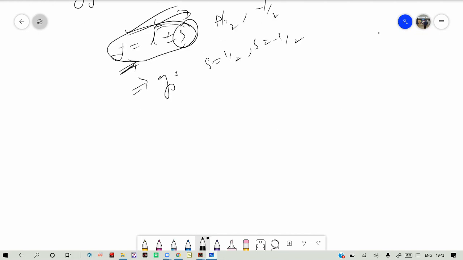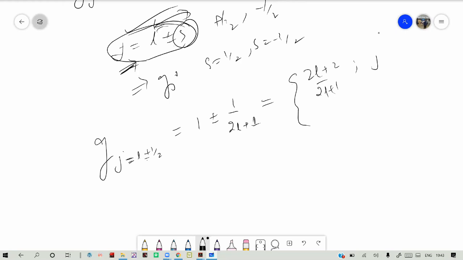And we can have then GJ equal to 1 plus minus 1 by 2L plus 1 when you put the value of J. I can write it as 2L plus 2 divided by 2L plus 1 when J is L plus half, and it is 2L upon 2L plus 1 when J is equal to L minus half.